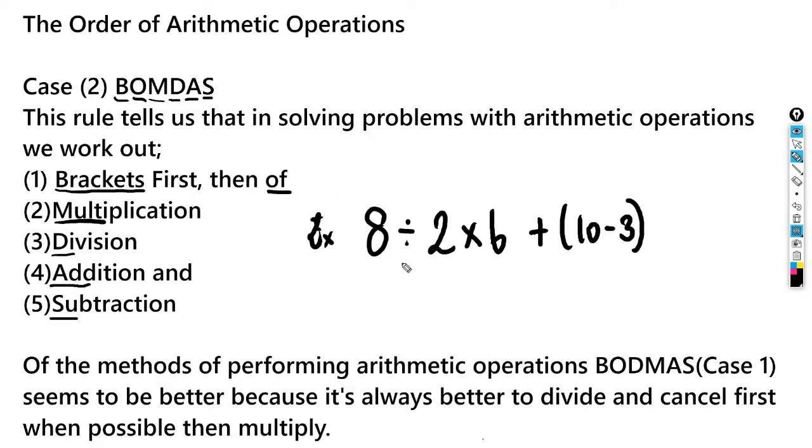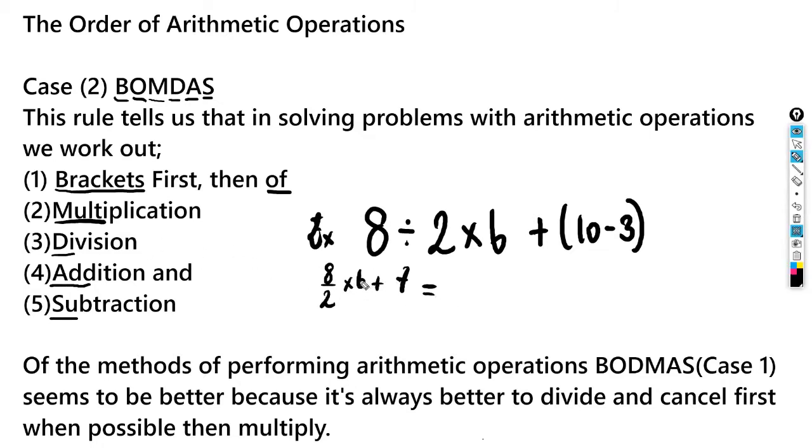So we have 8 divided by 2 multiplied by 6 plus 10 minus 3. Of course we do brackets first, so we end up with 8 over 2 multiplied by 6 plus 7, since 10 minus 3 is 7. Then we multiply next.